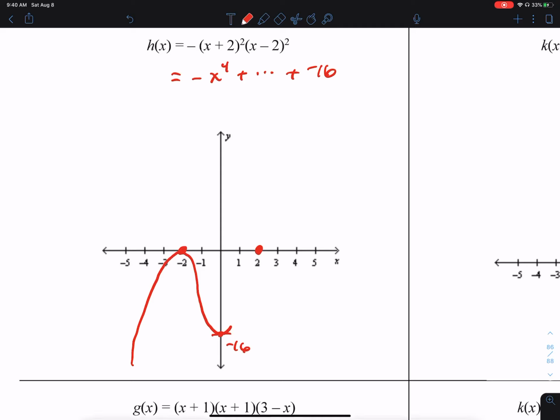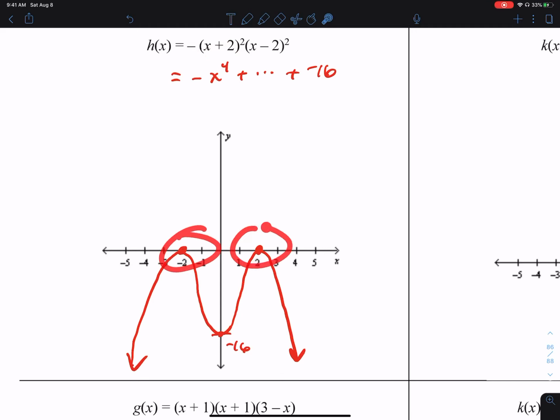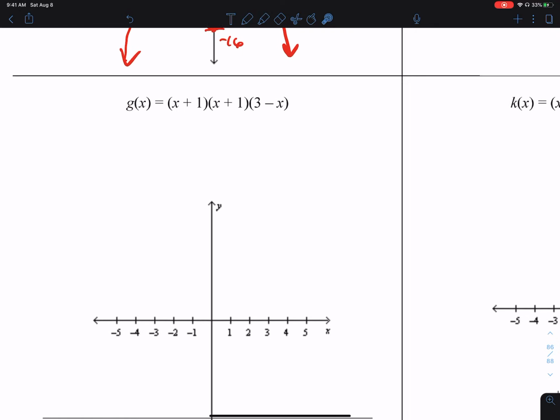Maybe it isn't. We know it touches the y-axis at negative 16. It's tangent at this zero and comes back down. End behaviors are right. It's falling on the left and the right. The zeros of negative 2 and 2 are tangent. The y-intercept's negative 16. We are checking all the boxes.